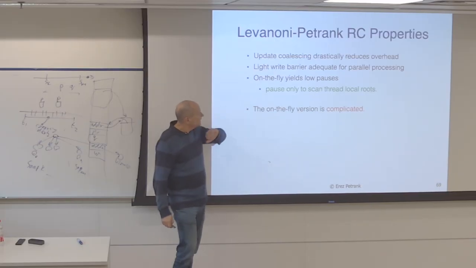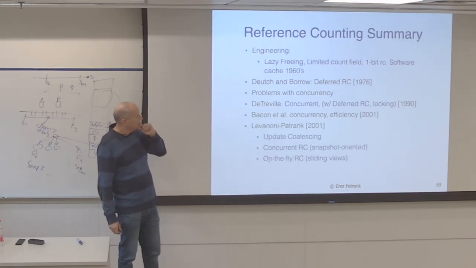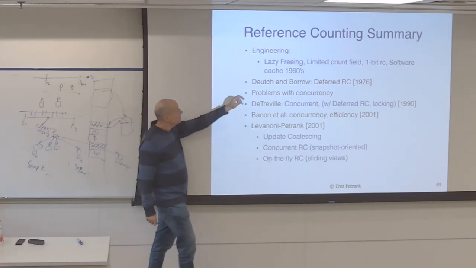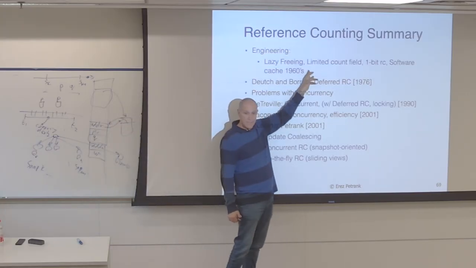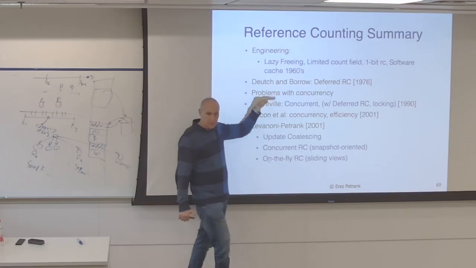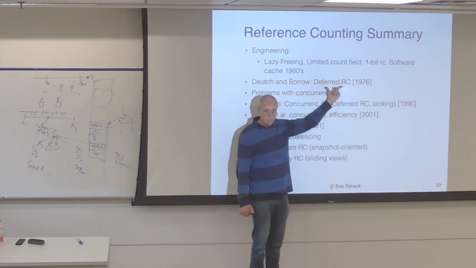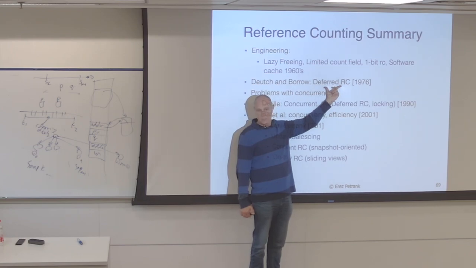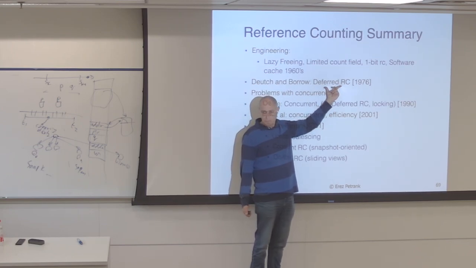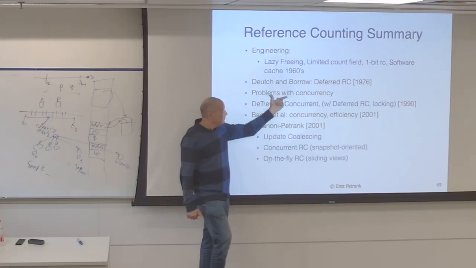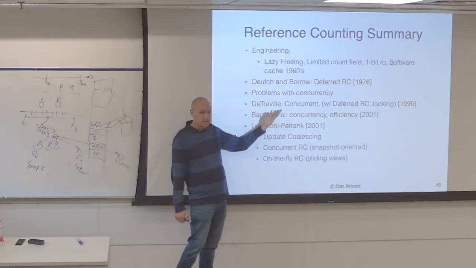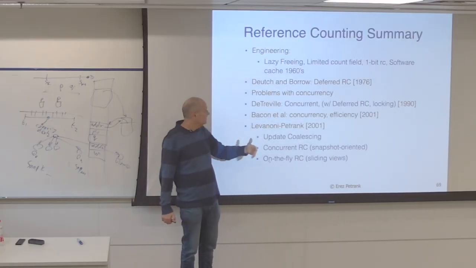To summarize reference counting, we've seen some simple adjustments to reference counting. We moved to deferred reference counting, not monitoring the roots, which is crucial in order to get performance. We talked about the problems with concurrency and also with the overhead.